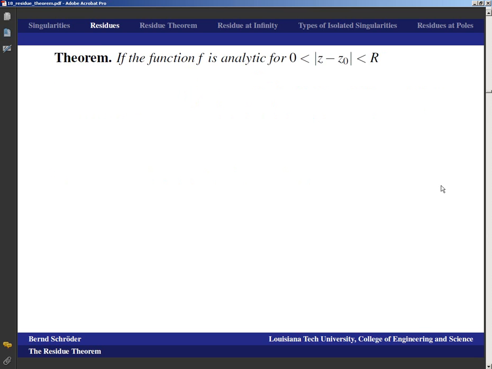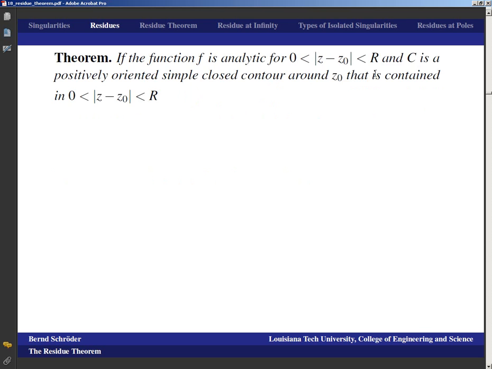So let's see. If our function is analytic for 0 < |z - z0| < r, and if C is a positively oriented simple closed contour around z0 that is contained in this punctured disk, then the integral over the contour of f(z) dz is 2 pi i times the residue at z = z0 of f.